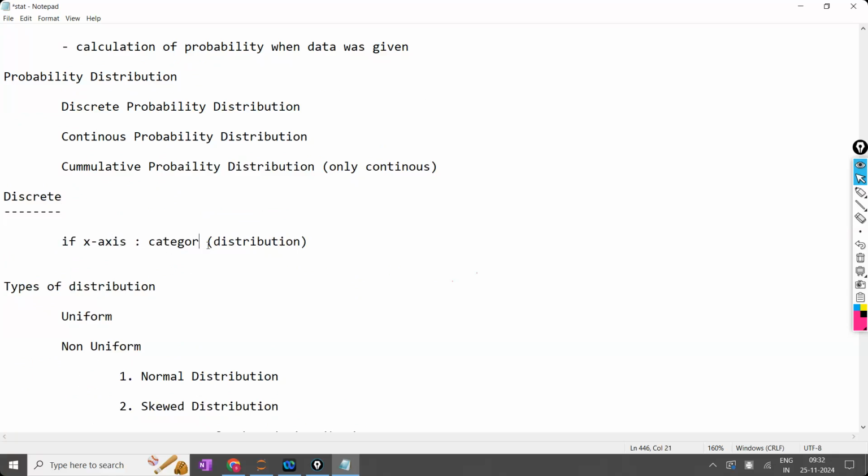What are the categories on the x-axis? And on the y-axis, if you are considering frequency or count, either of these two, it is called a discrete frequency distribution.